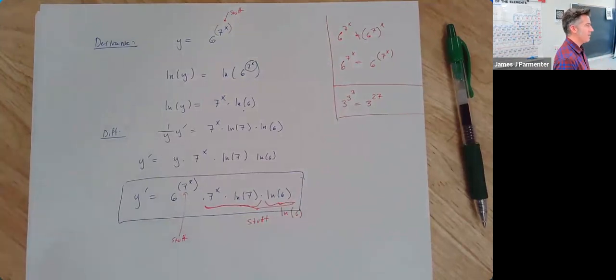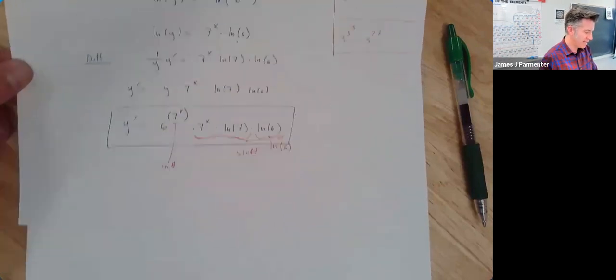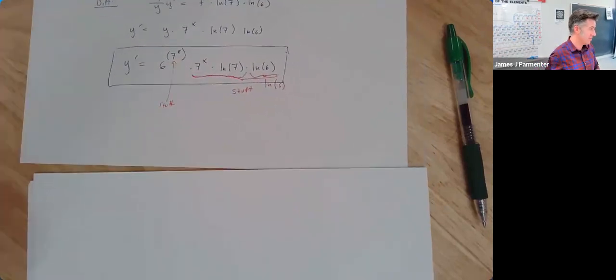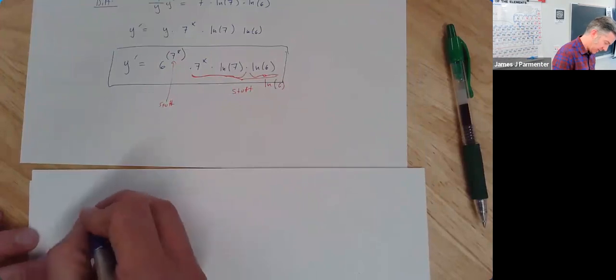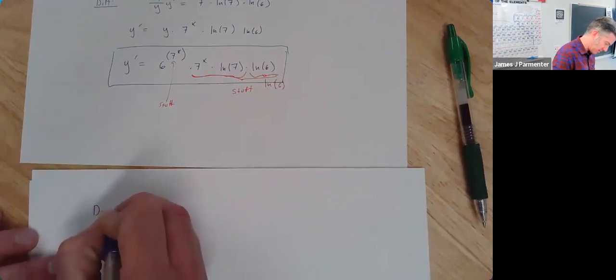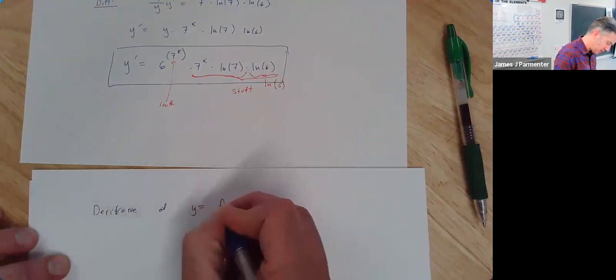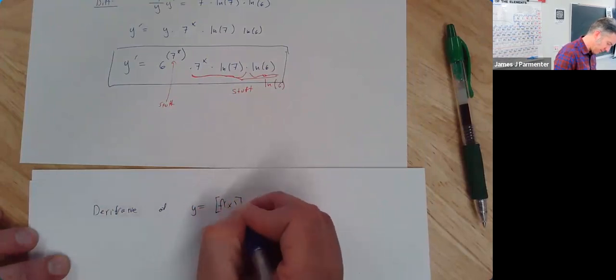One more variety of this, I promise. There's only one more variety of this, and then we'll move on eventually. The last variety is when you really absolutely have to use this method, say, the derivative of something like y equal to a function of x raised to a function of x.